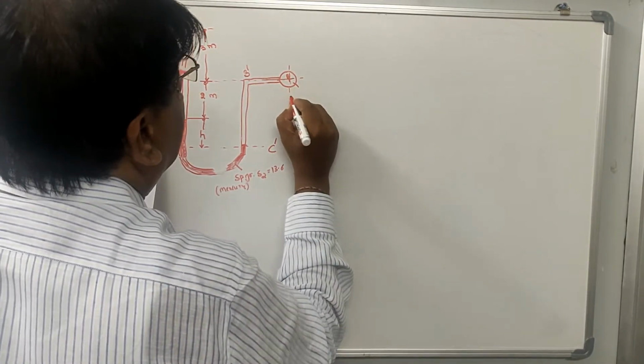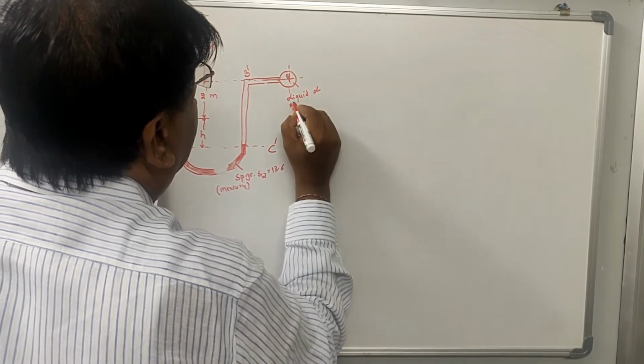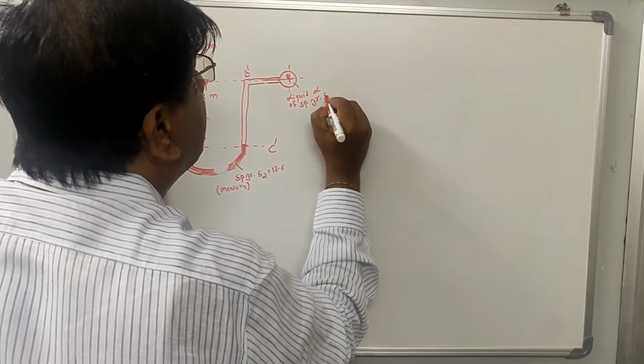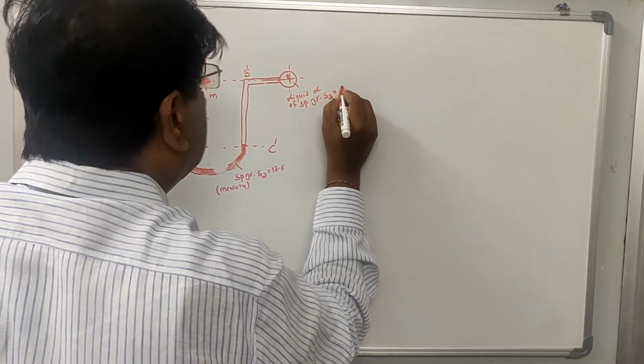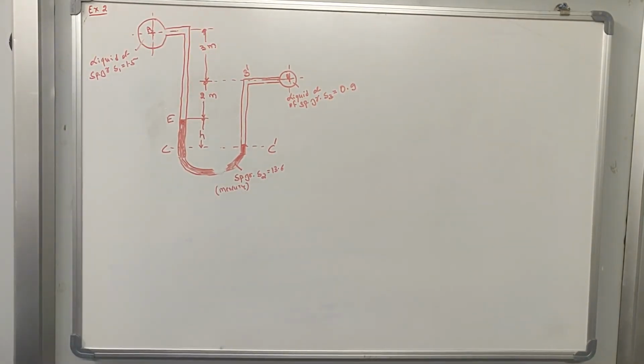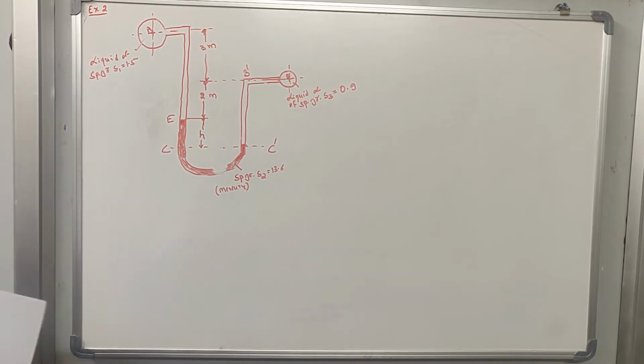And you can take here a liquid of specific gravity S3, and this is equal to 0.9. Okay, so now I will read the problem.